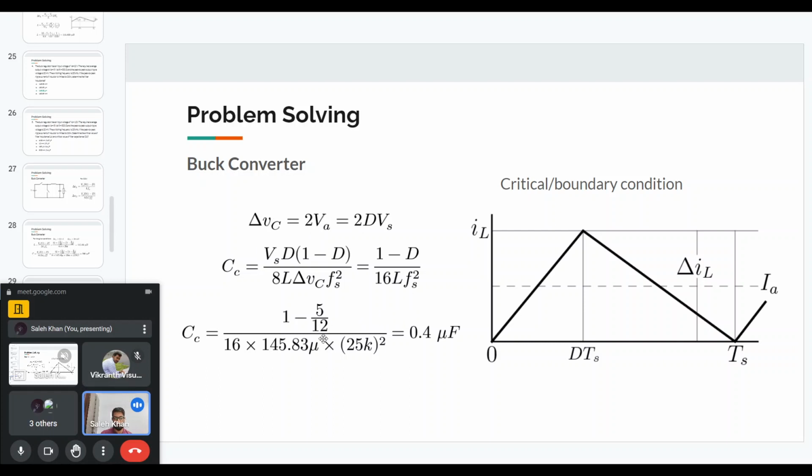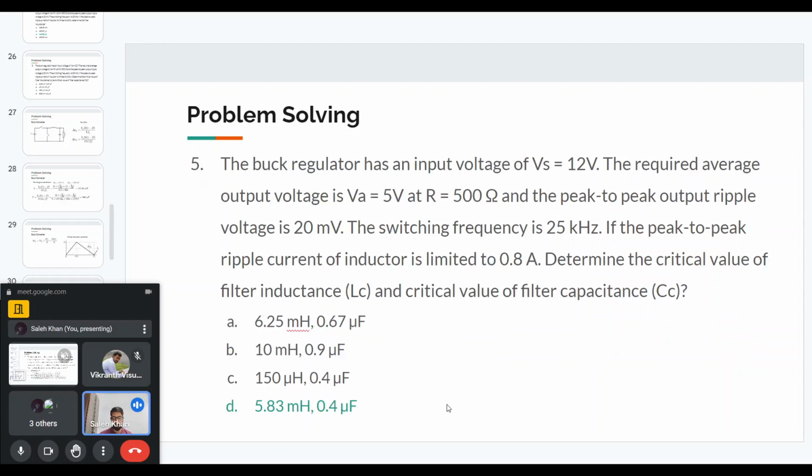So what I'm trying to say is that even though it is asked in the question, it is not very practical. But for the critical condition of the output voltage, the inductor current can be like this, because the output current is not really affected. The output current can still be a DC value. So anyway, the answer to this question is D, 5.8 millihenry and 0.4 microfarad.